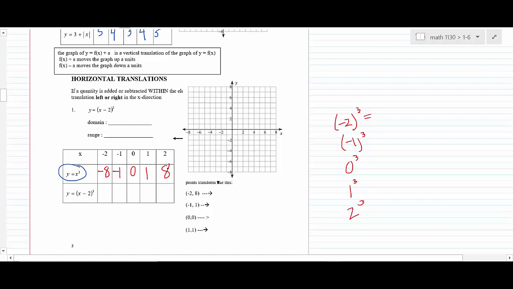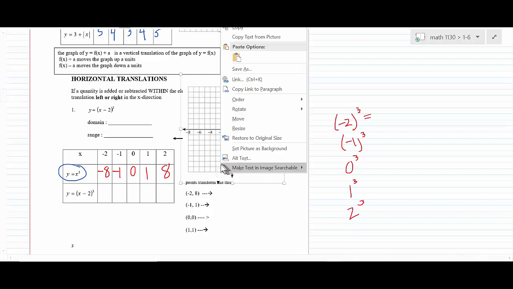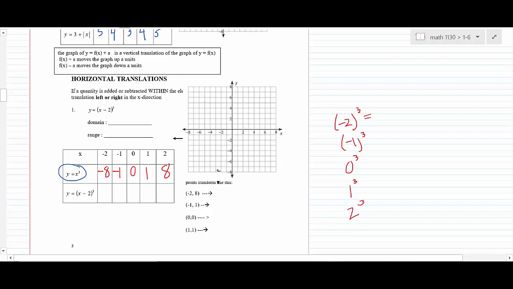Okay? So let's go ahead and let's plot that. That's what you call your elementary function. So you want to get that kind of put together. And just kind of connect the dots into that curve like that. So that will be what we call our elementary function, y equals x to the third.